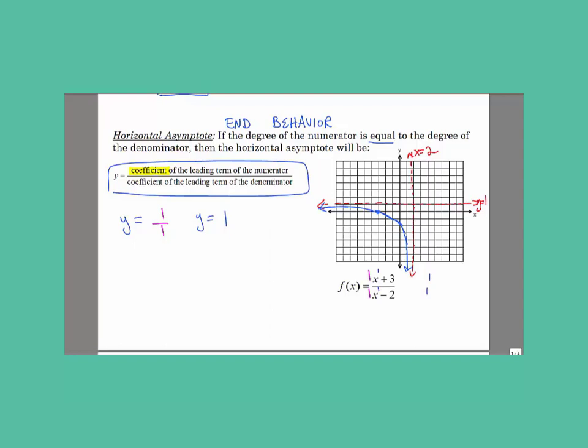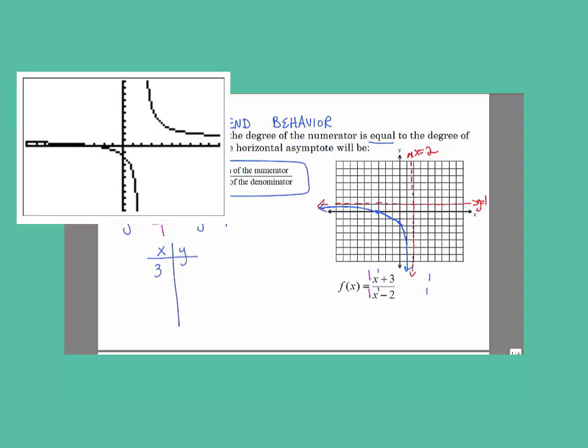Since we know what the graph looks like to the left of the x equals to 2, what about to the right of the vertical asymptote? A table of values will help. When x equals to 3, y is equal to 6.